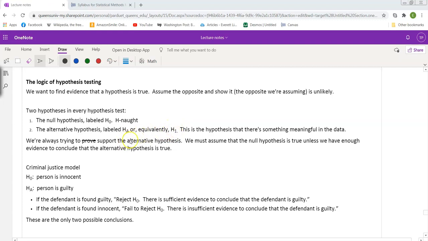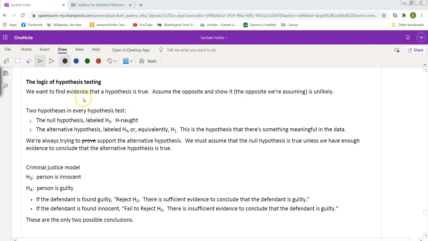But they mean exactly the same thing. And you always see them listed in this order. They'll list H0 first, and then HA or H1. And I'll go back and forth between these two, just like textbooks do.